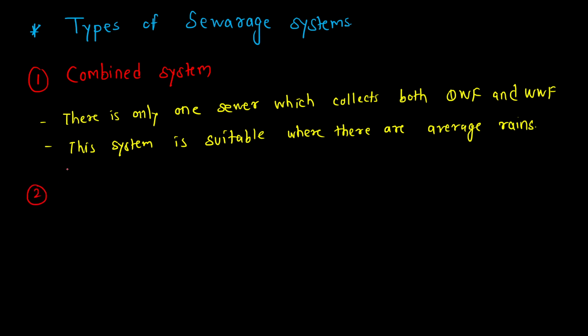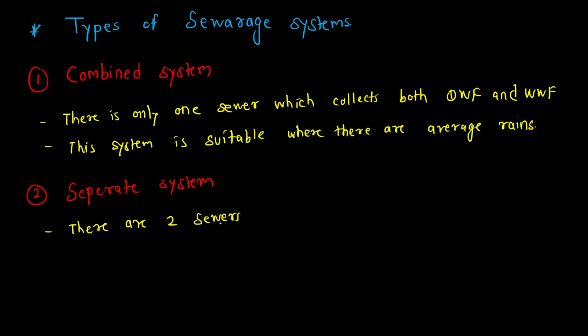Now the second system is called the separate system. As the name suggests, there are two sewers. You can just imagine a sewer as a pipe. So big pipes are there, and inside these big pipes the sewage or wastewater is transported from one place to another.